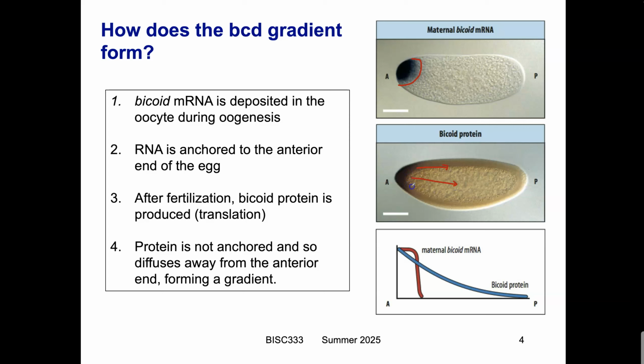So it can go wherever. And again, we still have a bag of nuclei, but you see that there's lots of protein at the anterior end and less as you move towards the posterior. And so this is the representation of that. And at some point, cellularization is going to occur, and you're going to see then that graded image.